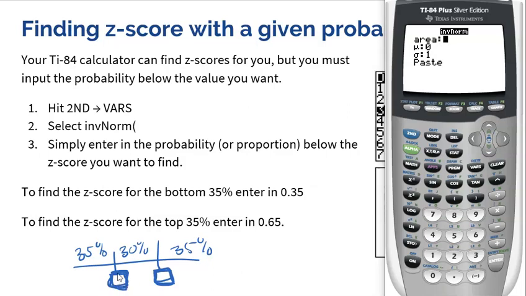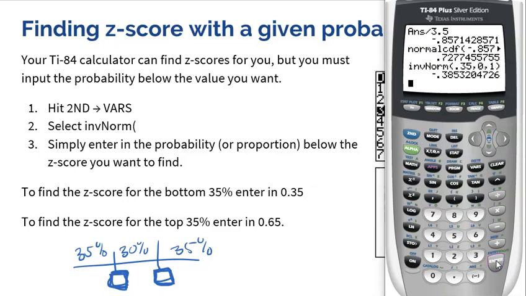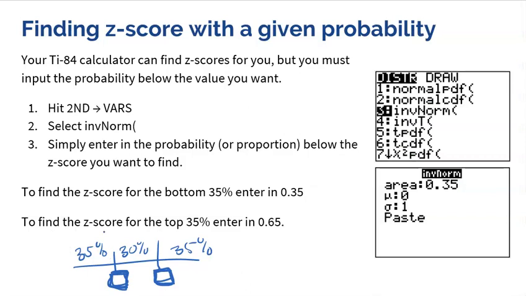So to find the first box, the bottom of the 30%, I'm going to type in 0.35 because there's 35% below that bottom value. And the z-score is negative 0.3853. All right, now I have to find the z-score at the top.